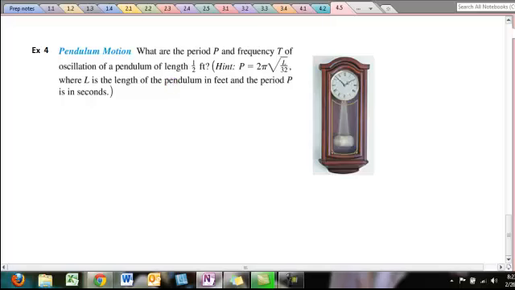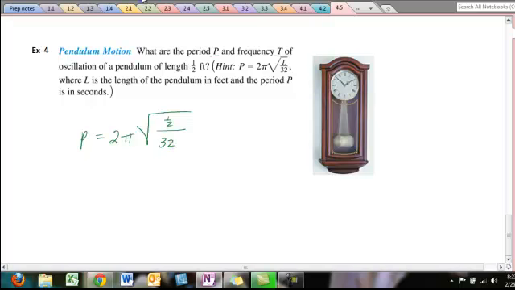So I think we could probably figure this out. If we're looking for P, and then we're also looking for frequency. So P is given by 2 pi times the square root of L, where L is 1/2, over 32.